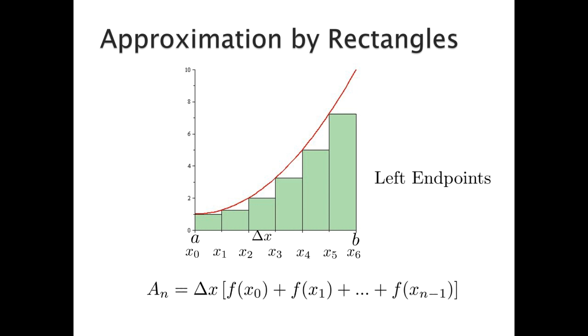That makes it easier. Then I can just multiply by the delta x once at the end. So that helps a little. But still, I've got to plug each of these endpoints into the function, then add all that up, then multiply by my width that I've factored out to get the area of each of those rectangles added together.